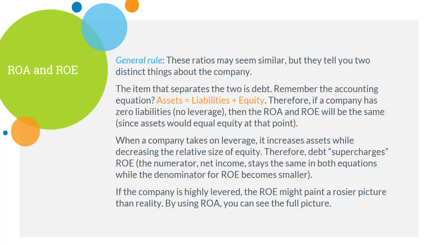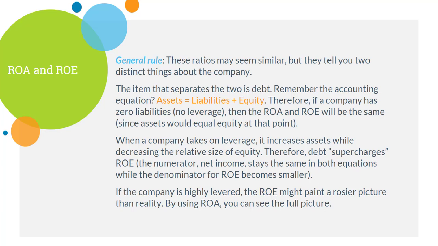These ratios seem very similar, as I mentioned before, but they tell you two very distinct things. And what separates the two of them is debt. So just remember the accounting equation, which is assets equal liabilities plus equity. So that means if a company has zero liabilities, so it has zero leverage, then the ROA and the ROE will be the exact same number.